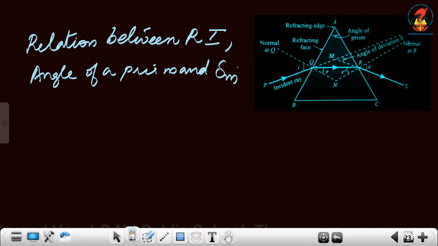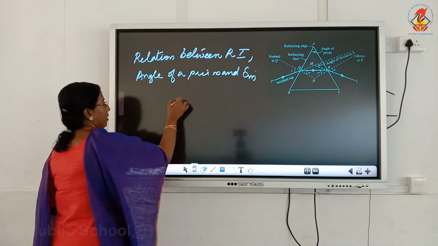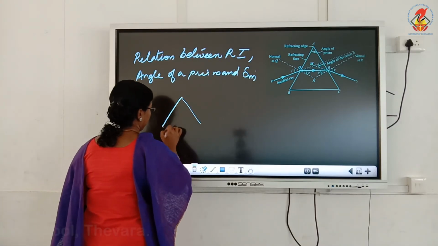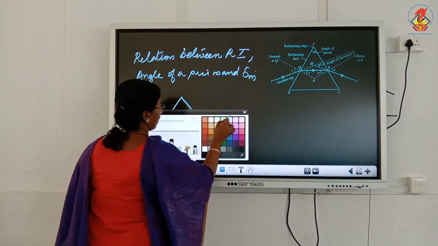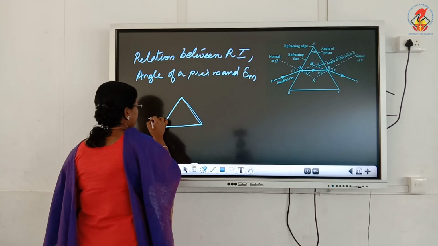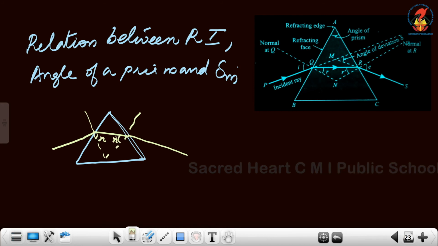Now usually if you draw a ray diagram for a prism, you will see that when the ray hits the first face of the prism, it undergoes refraction, then it reaches the other surface, again it gets refracted. So this is R and this is R dash, but R and R dash will not be equal.